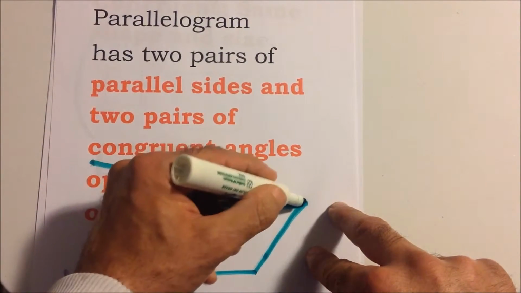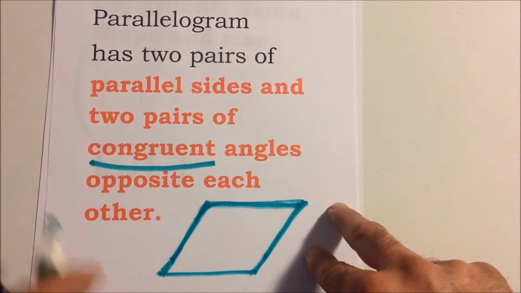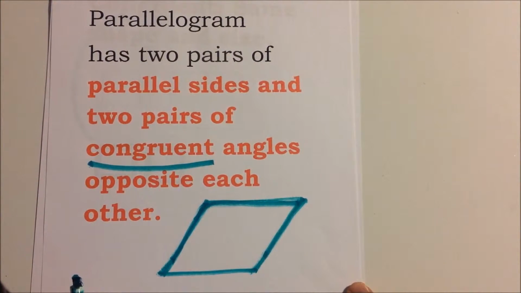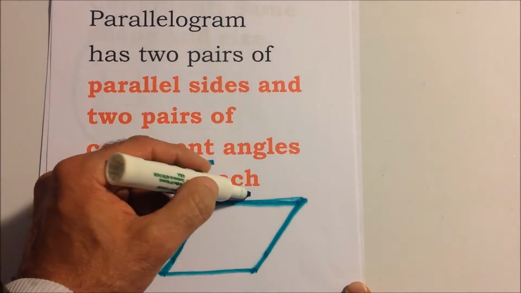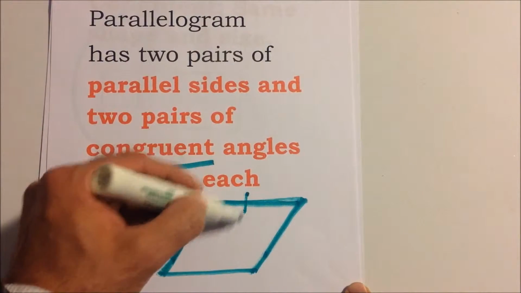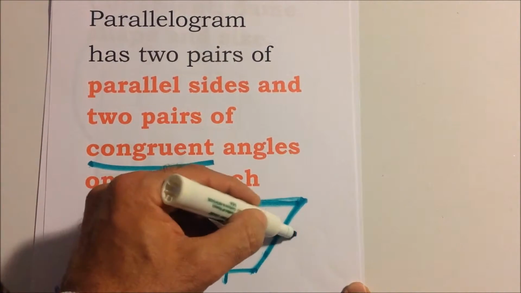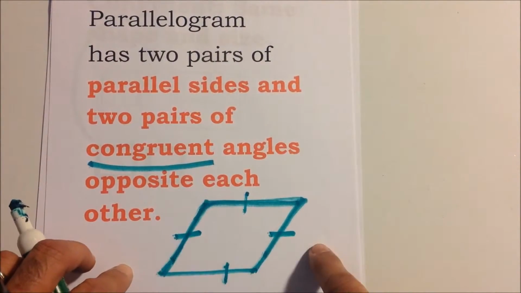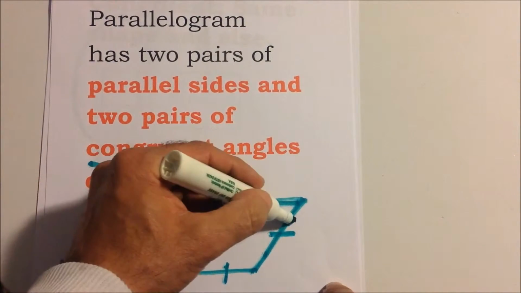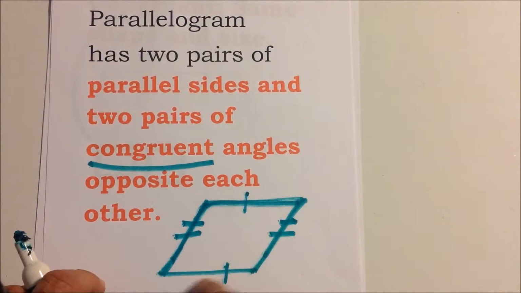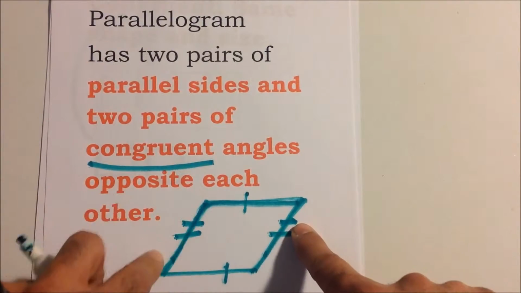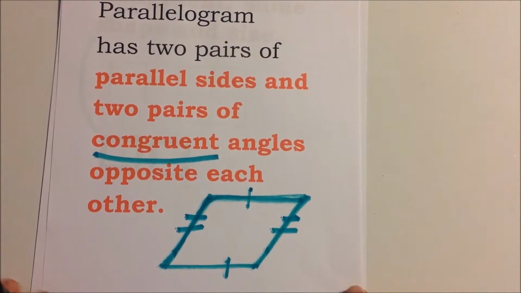So here's our parallelogram. It has two pairs of parallel sides. So here's one pair of parallel sides, and here's another pair of parallel sides. Okay, so we have two pairs here and two pairs here. And it has congruent angles.